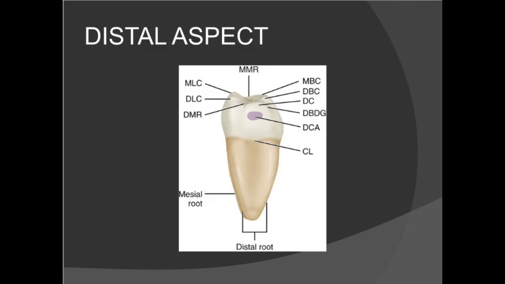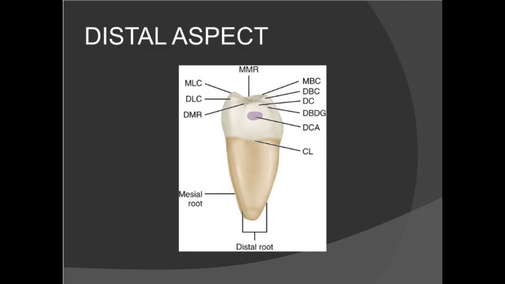Here the purple area is the distal contact area, which lies at a higher level as compared to the mesial contact area, and it also lies just below your distal cusp. The cervical line here comes straight buccolingually, but it depends towards the root just below the distal contact area. From this aspect, we can see both the roots, that is your distal root and the mesial root.